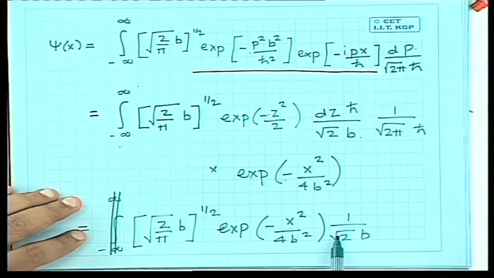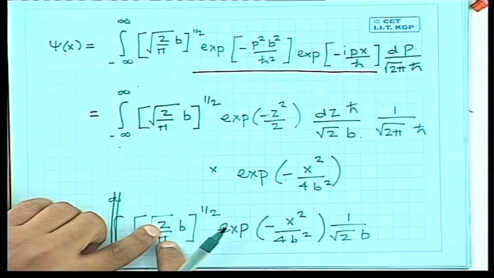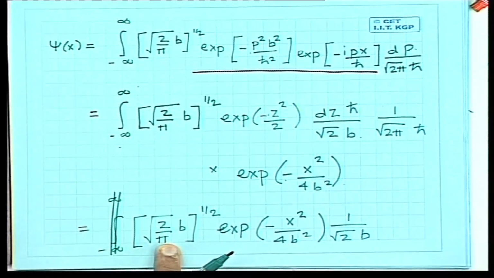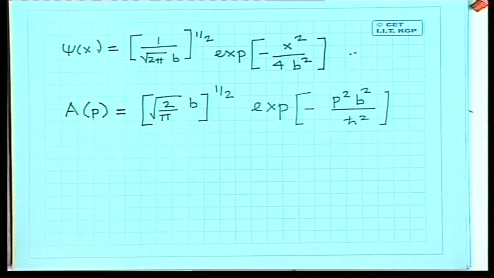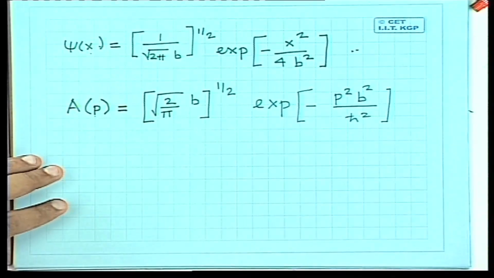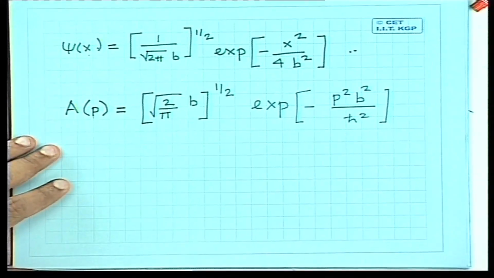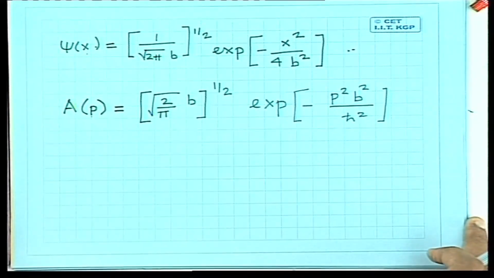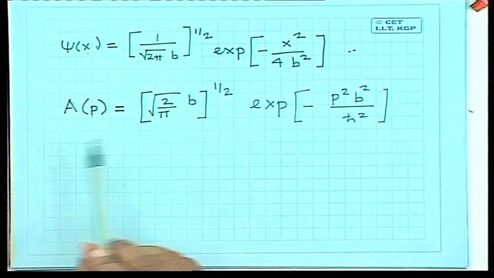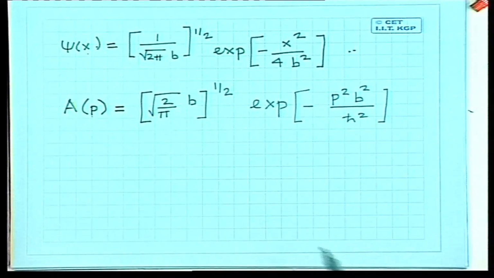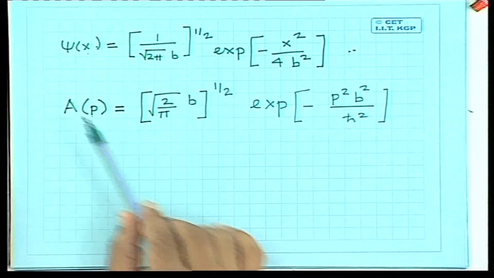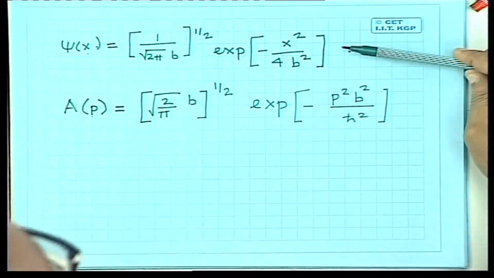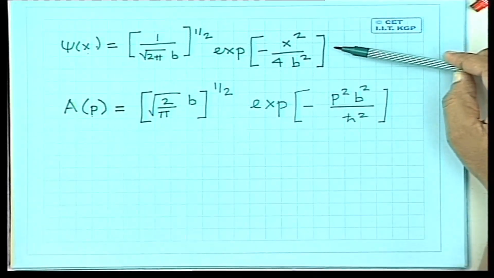Now the factor of square root of 2 into b can be absorbed inside this, and if you do that, what you obtain is the psi of x, which I had claimed it was supposed to give you, which is this. So we have actually verified that if you superpose waves with different momentum, giving this weightage to each of the values of momentum, you can reproduce this wave function.